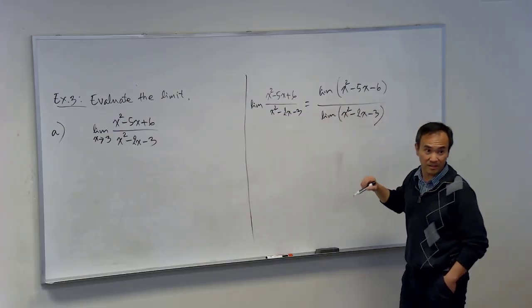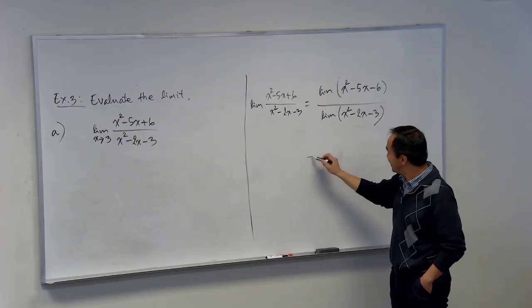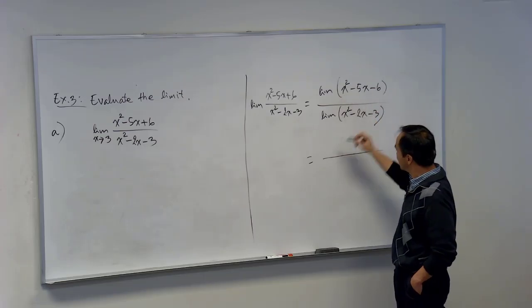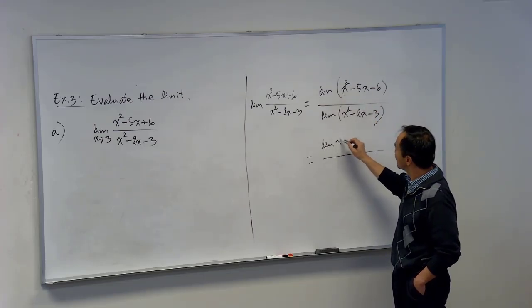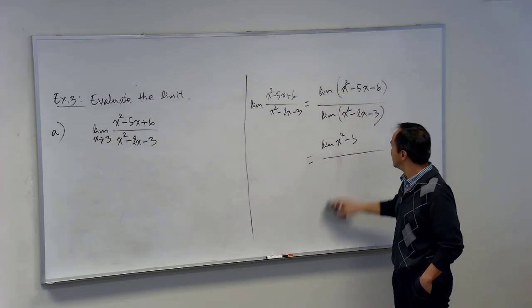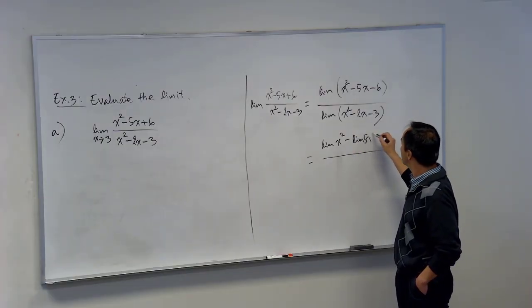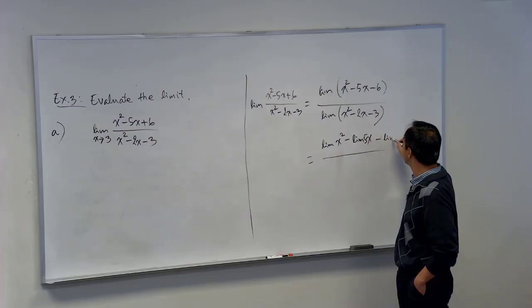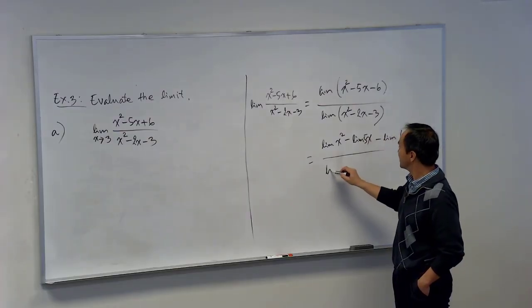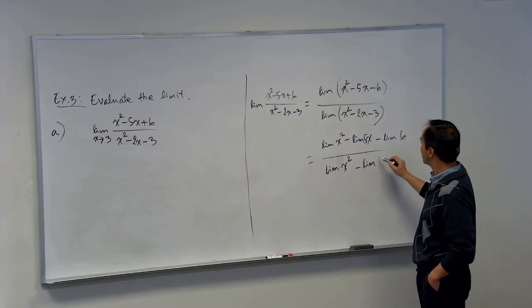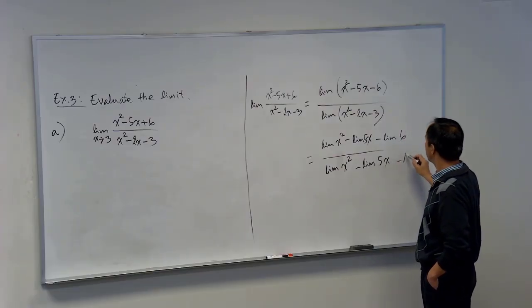See what I mean? Okay, that's the basic limit laws. And then they allow me to separate it out into separate terms. So we get the limit of x squared minus the limit of 5x and minus the limit of 6, and the same happens in the denominator: the limit of x squared, minus the limit of 2x, and minus the limit of 3.